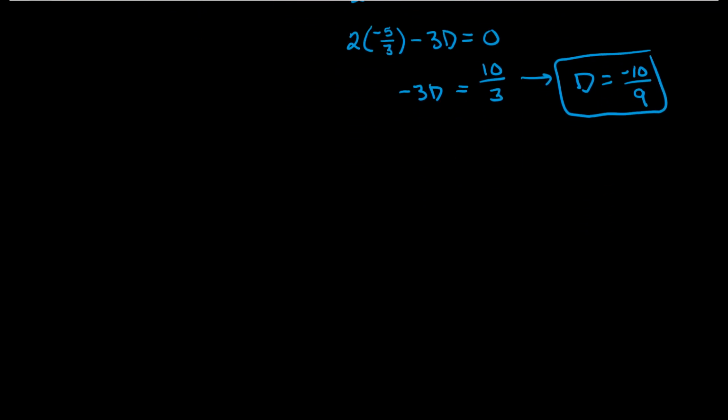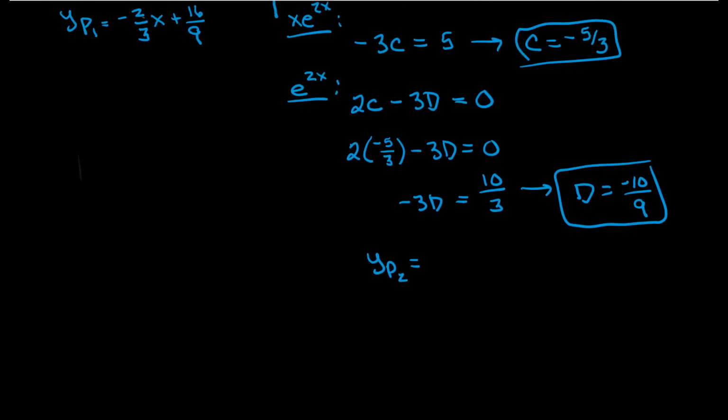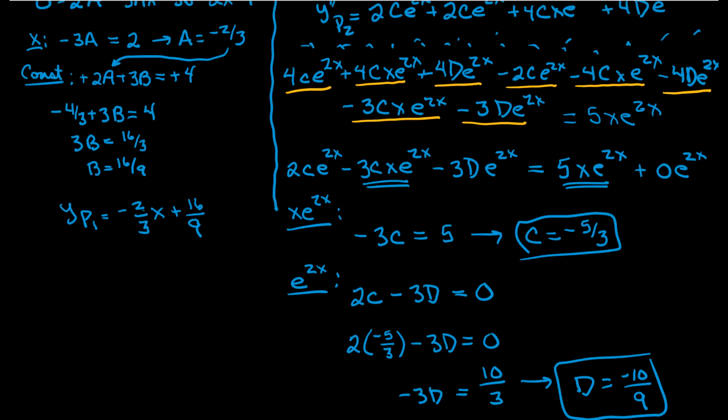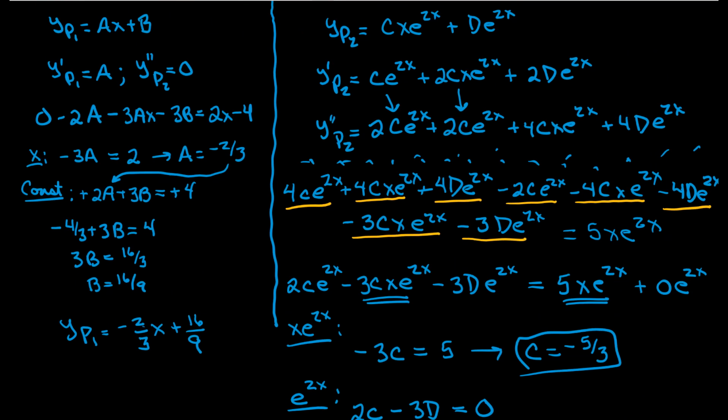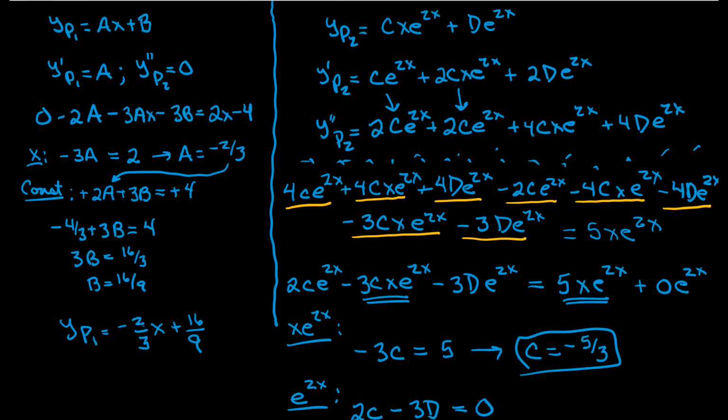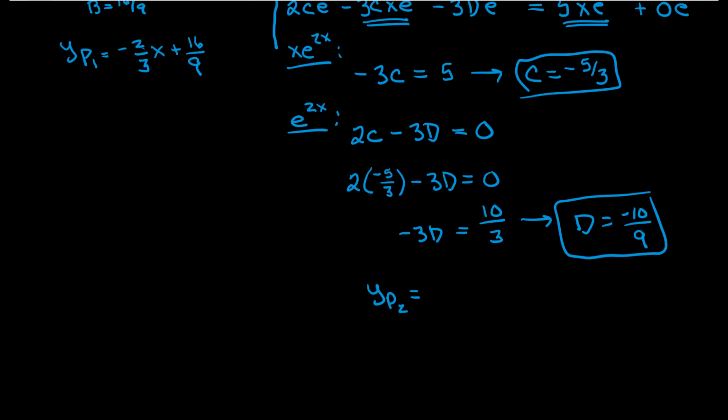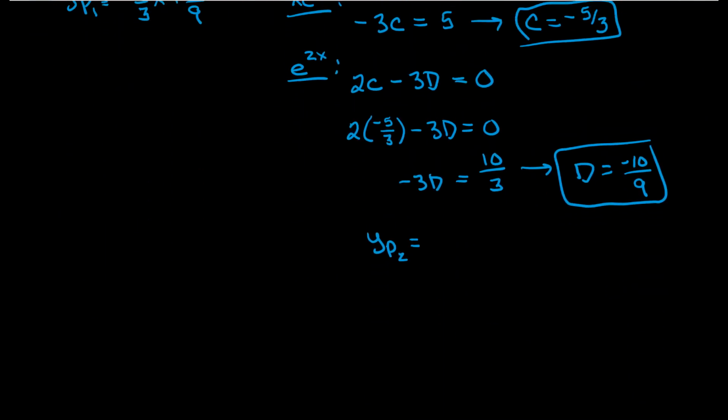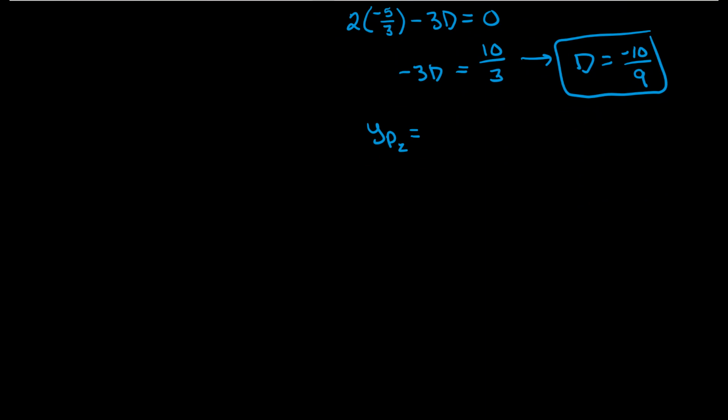This gives me my second particular solution, and I'm going to go back up to the top to make sure that I get things in the right place. There it is. It's at the top of the screen. It's going to be c times x e to the 2x. So that's going to be a negative 5/3 x e to the 2x plus d, well, it's going to be a minus 10/9 e to the 2x.